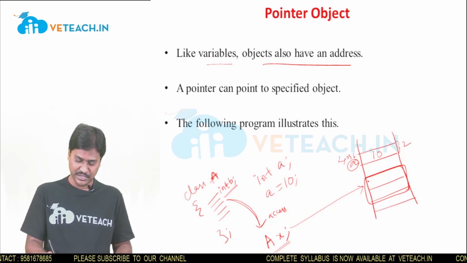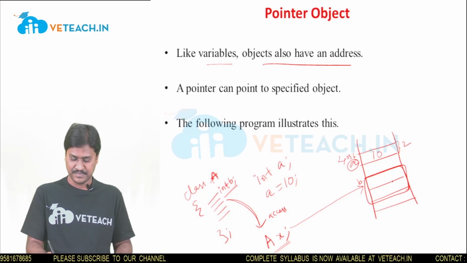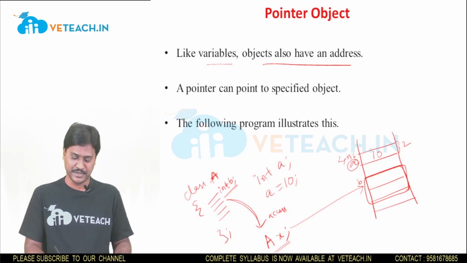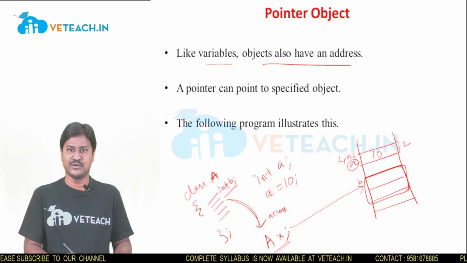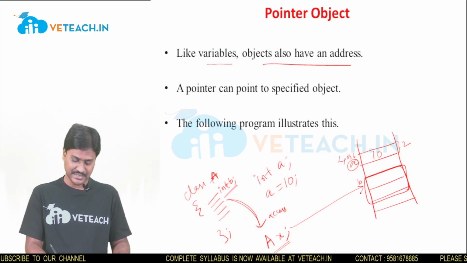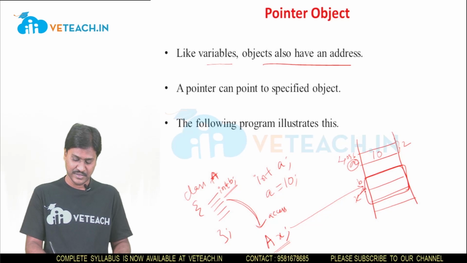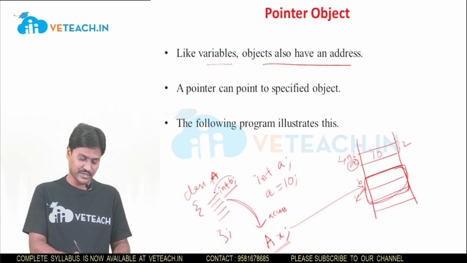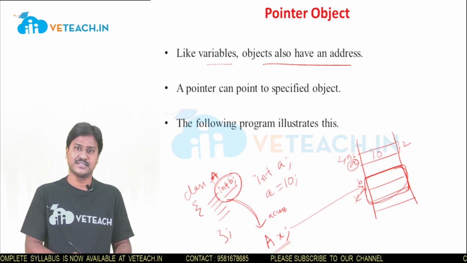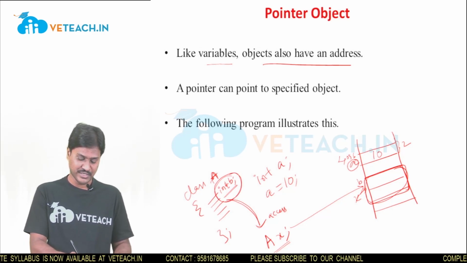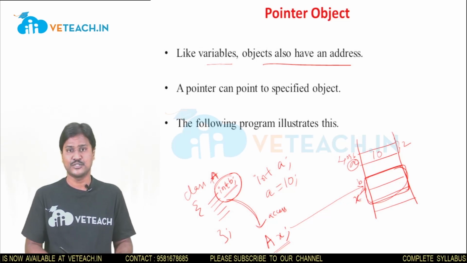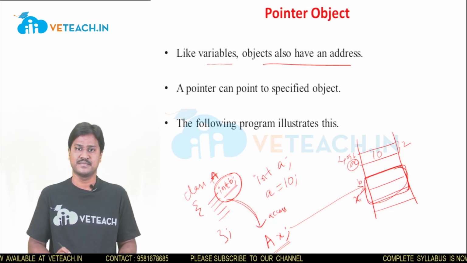So b is a variable for which a memory location is allocated, and this can hold any integer value, and x is the reference for this entire location, that is, whatever set of variables is defined inside this class, the total size is allocated for this class, and the reference to this memory location is x.